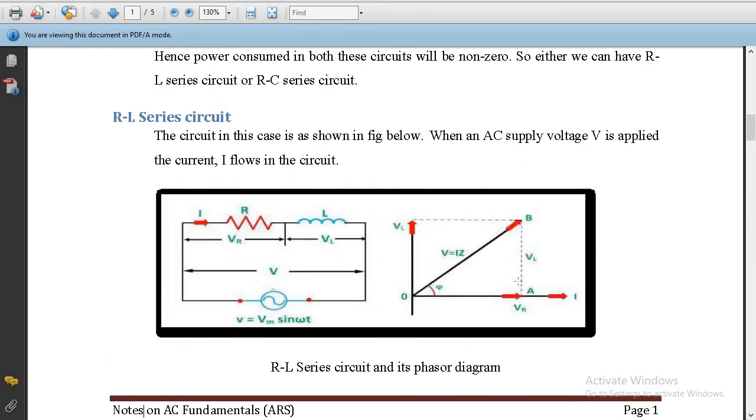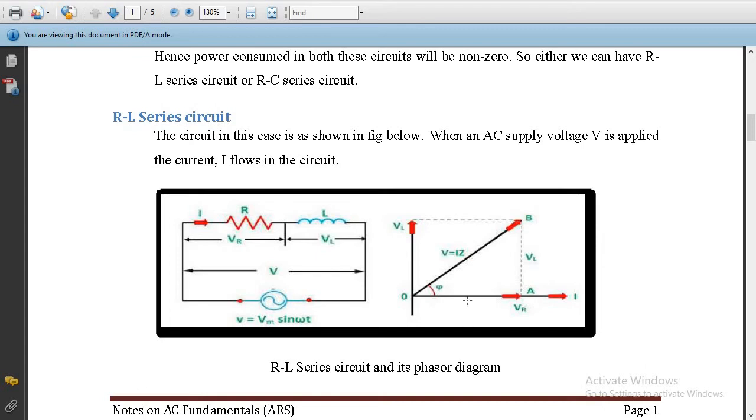This is VR, this is VL, and this is IZ, so that is the total voltage V. Now if you substitute VL as IXL and VR as IR, all the I's cancel, and you get R, XL and Z. So Z is equal to the square root of R square plus XL square, cos phi will be R upon Z, and phi can be tan inverse of XL upon R.